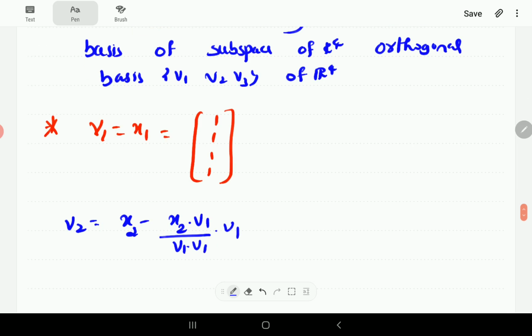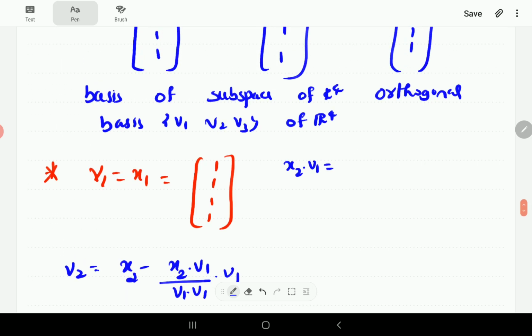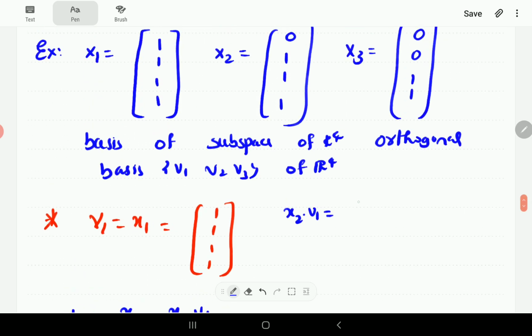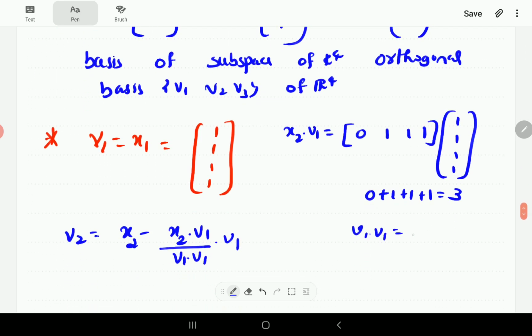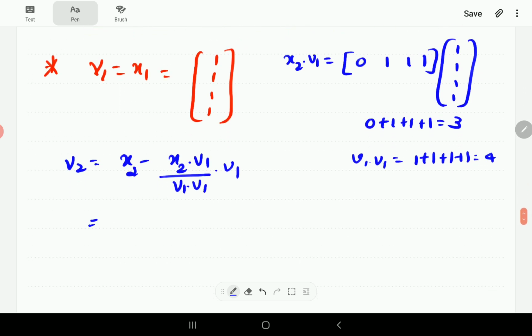So let us find what is required. x2 dot v1 is (0, 1, 1, 1) dot (1, 1, 1, 1), which is simply 0 plus 1 plus 1 plus 1, equal to 3. Similarly, v1 dot v1 is 1 plus 1 plus 1 plus 1, which is equal to 4.